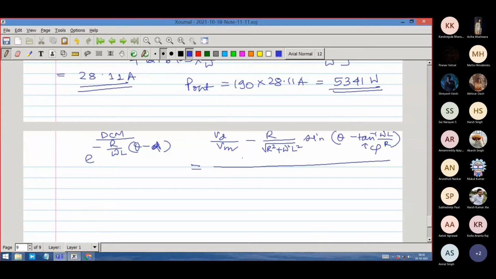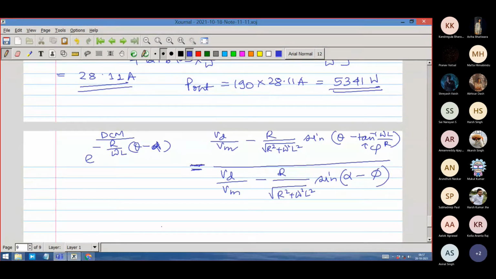So it is again structurally almost identical: Vd by Vm minus R by square root of R square plus omega square L square sine of alpha minus phi. That is alpha minus phi, and phi I have already defined. This would be the transcendental equation, the solution of which will give us beta.